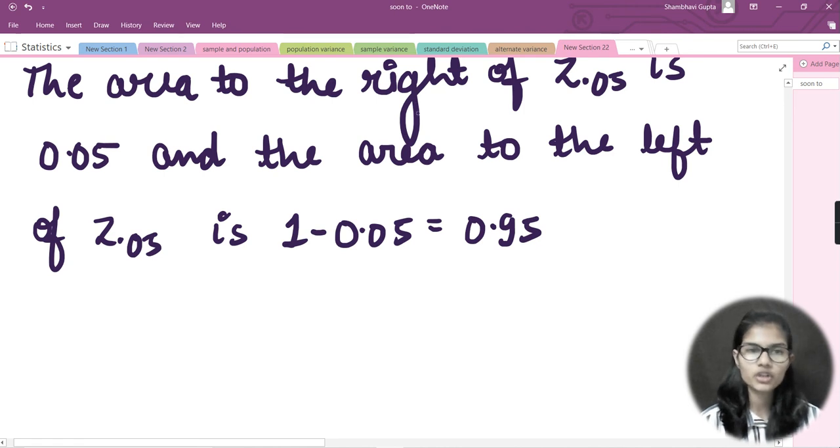So from here we got the area to the right of this and the area to the left.